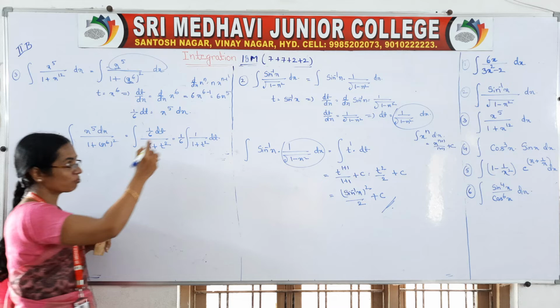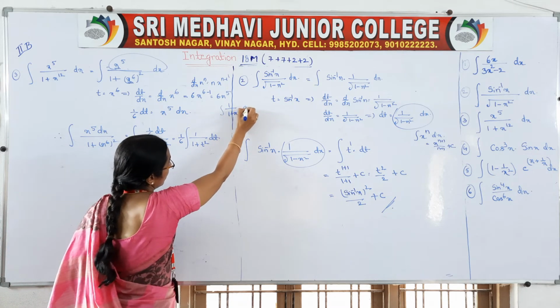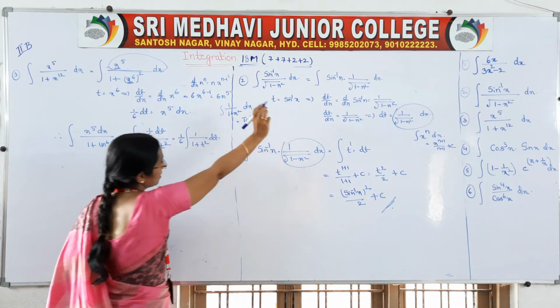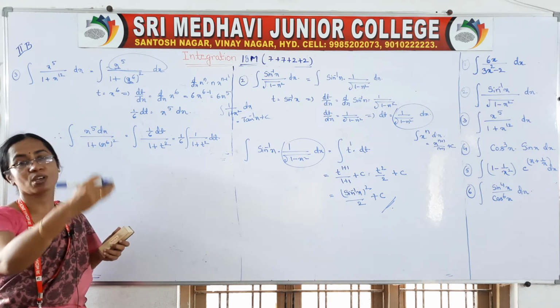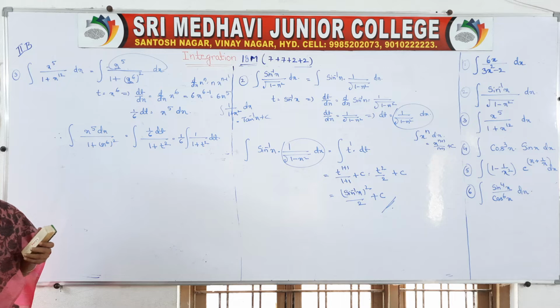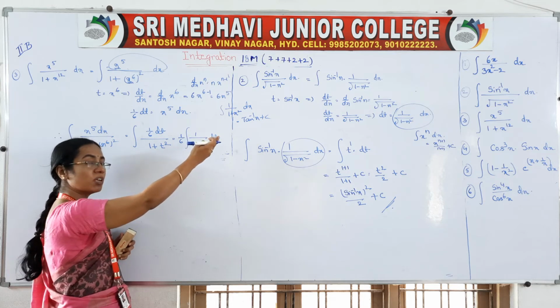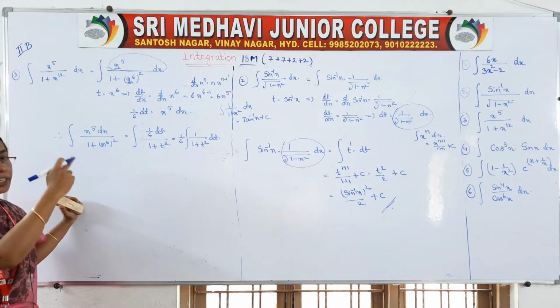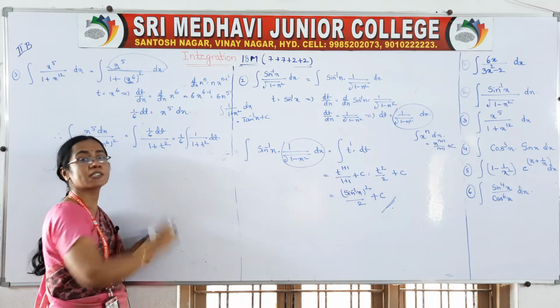Your standard formula: integral 1 by 1 plus x square dx is equal to tan inverse x plus c. Formulas I have given in terms of x, so x is a general term. Instead of x we can have any value. So here instead of x you are having t, so your formula also is in terms of t only. There it is 1 by 1 plus x square, tan inverse x. Here it is 1 by 1 plus t square, tan inverse t.